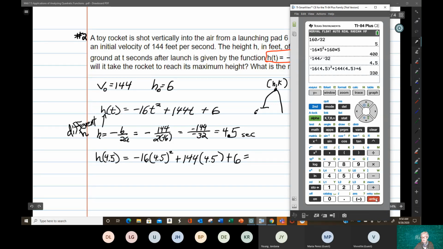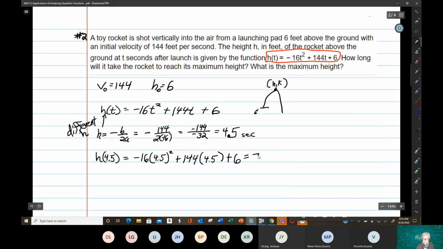Enter. 330. This is going to be 330 feet above the ground after 4.5 seconds.